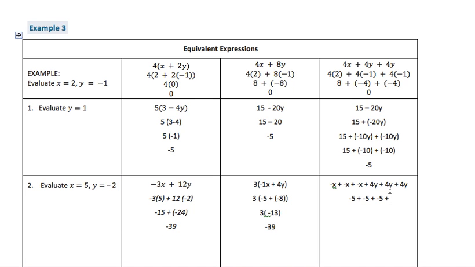So 4 times negative 2 is negative 8, and we do that again, and we do that again. So when we add negative 5, negative 5, negative 5, that's negative 15, and negative 8 plus negative 8 plus negative 8 is negative 24. And added together, they are negative 39.